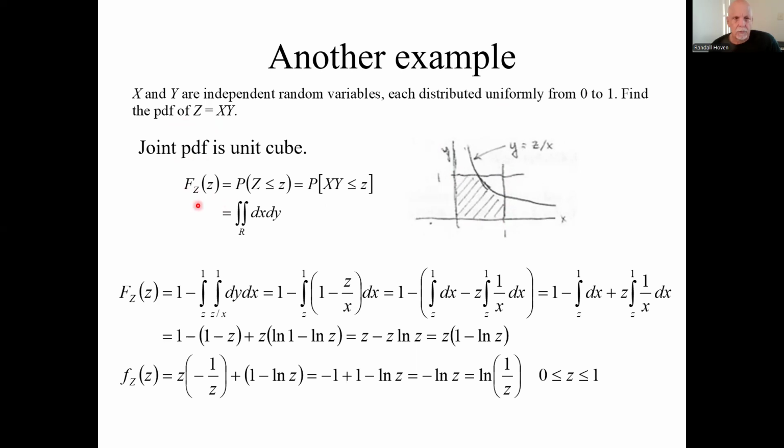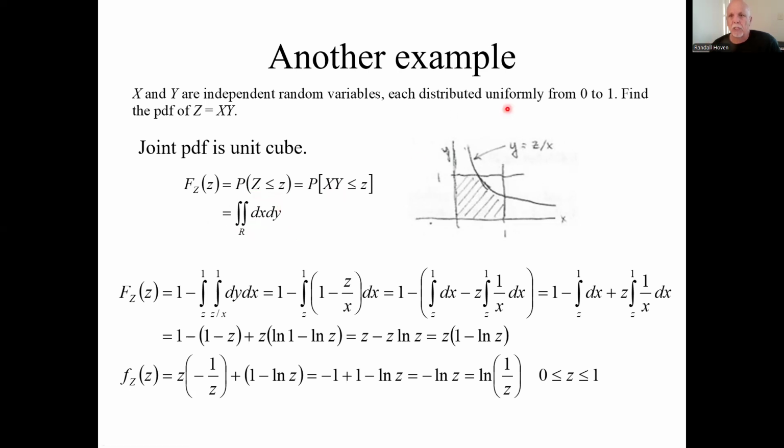The CDF of Z, that's where the probability of Z is less than or equal to some argument. Z now is equal to this product, and that equals the double integral over the joint PDF. The joint PDF is just 1.